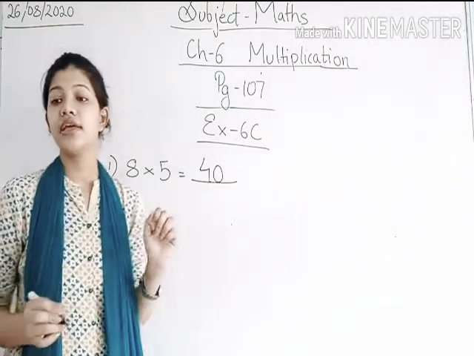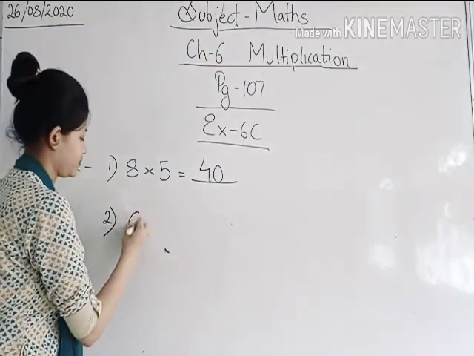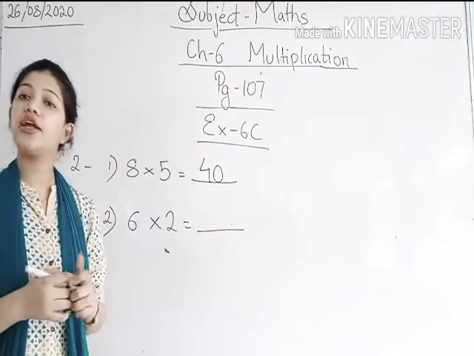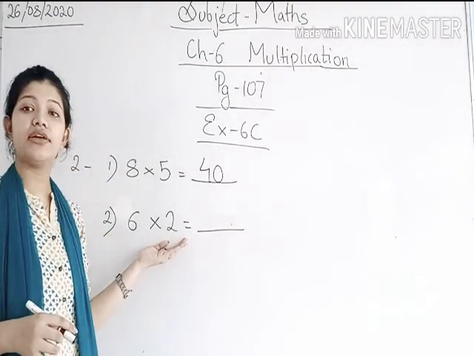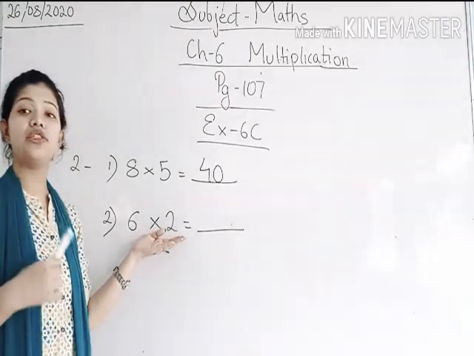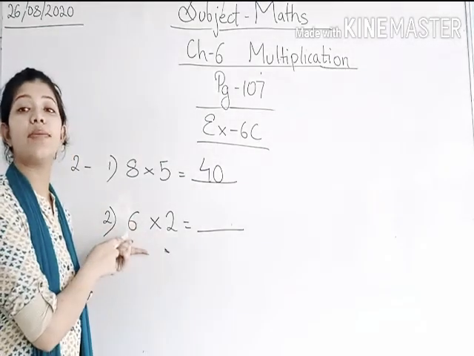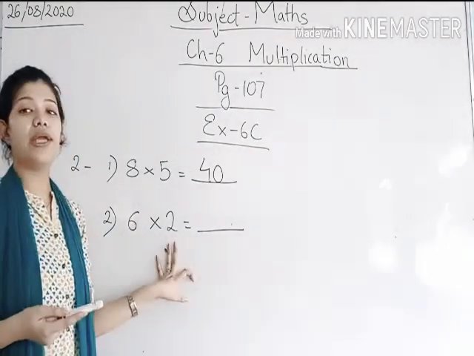That is 6 into 2 is equal to. As you can see, there are 2 factors, the first factor and the second factor, where 6 is the first factor and 2 is the second factor. So now here we have to read the table of 6. And how many times? 2 times.